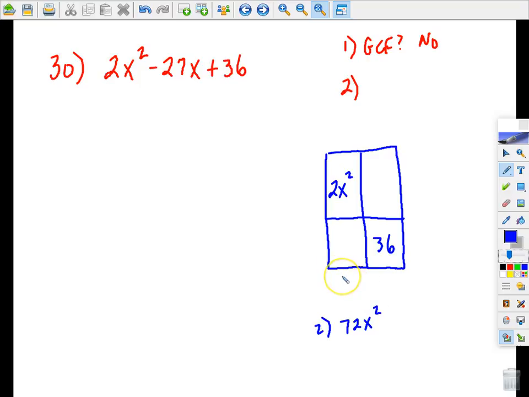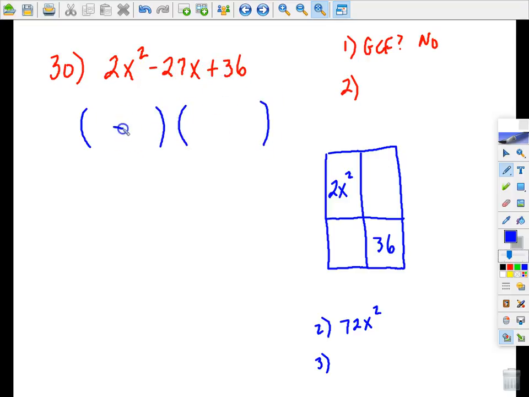Step 3, I need the factors of 72x squared that would add up to negative 24x. Once again, I've got that scenario where I've got minus in front of plus.